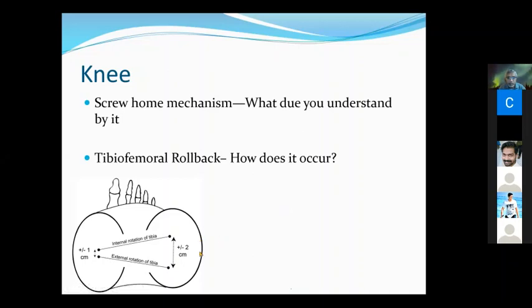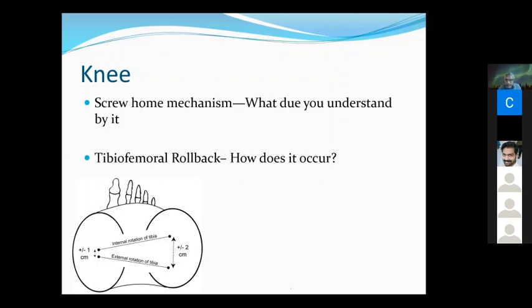The lateral femoral condyle reduces back to the tibial center. So basically, in full extension, the tibia will go into an external rotation. And all the ligaments will become taut, and so that is the screw home mechanism. And the knee becomes very stable, right?